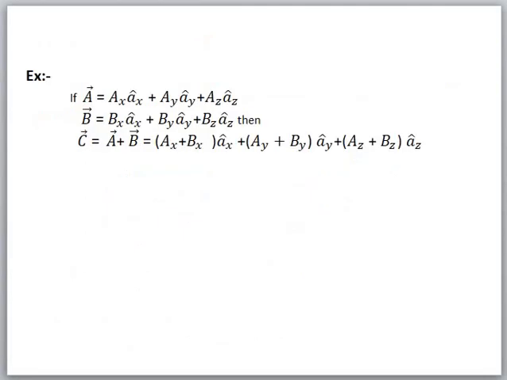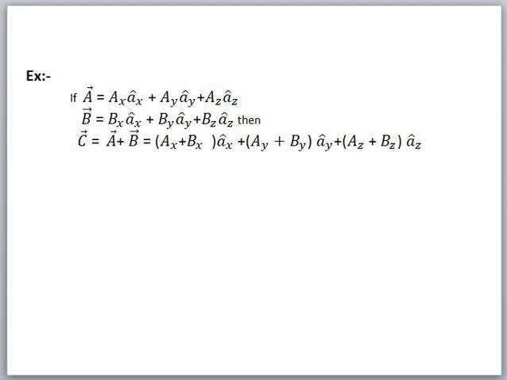Now let's see, for example, if any given vector A is equal to Ax a_x cap plus Ay a_y cap plus Az a_z cap, and the second vector B is equal to Bx a_x cap plus By a_y cap plus Bz a_z cap.